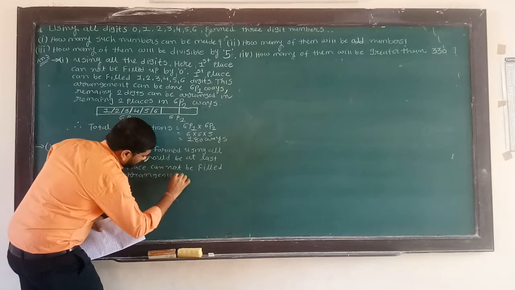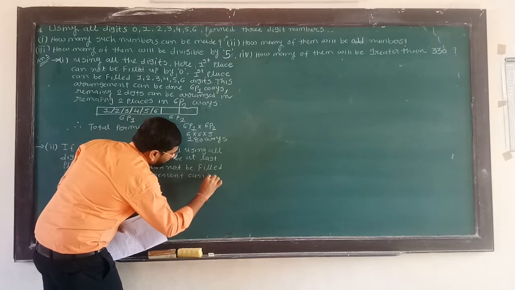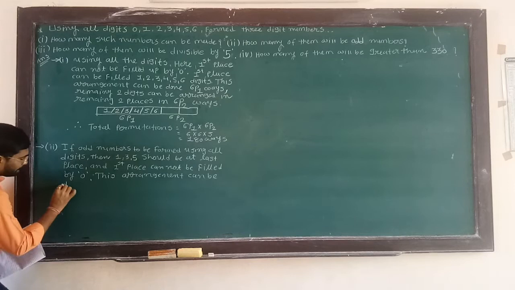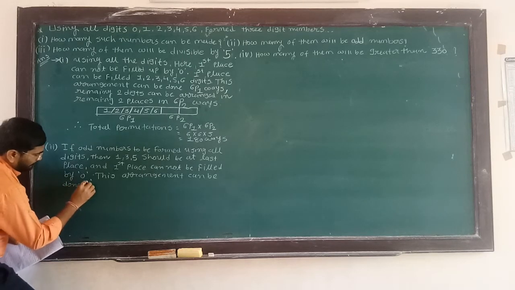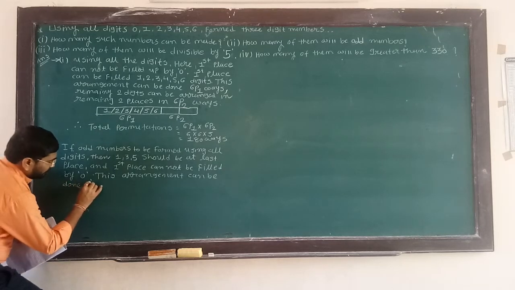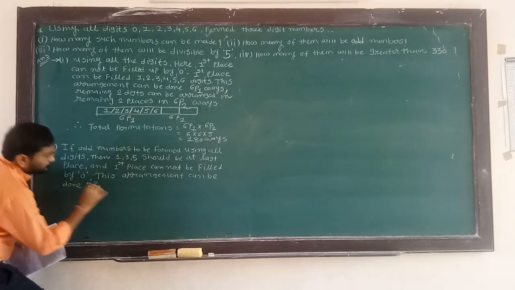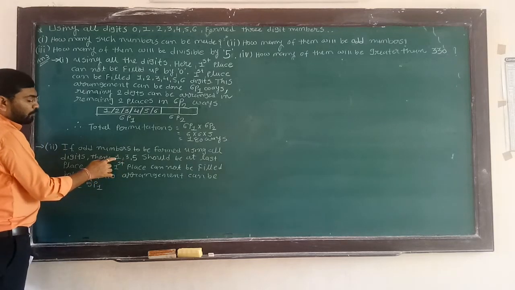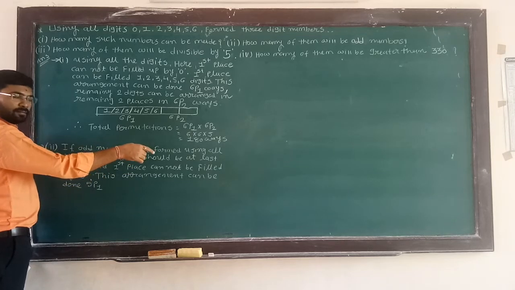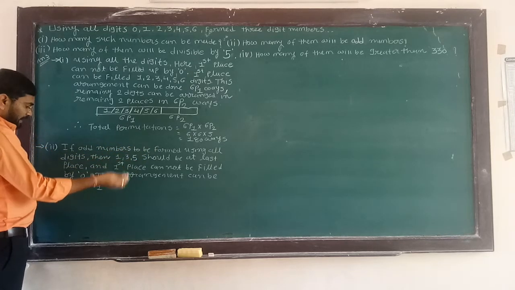After that, this arrangement can be done. 5P1 ways. See the students, out of 1, 3 and 5, any one number is put at the last place.